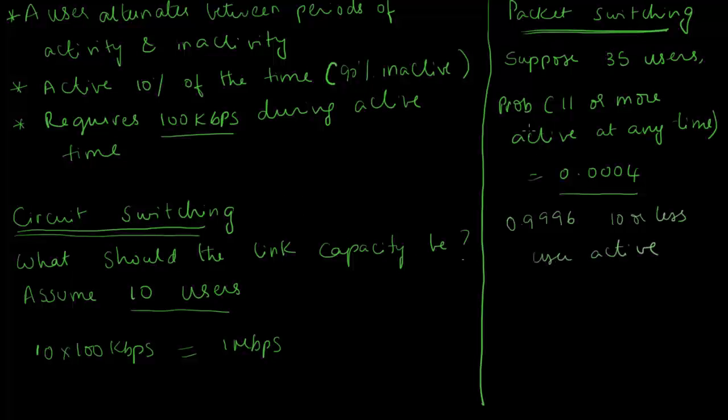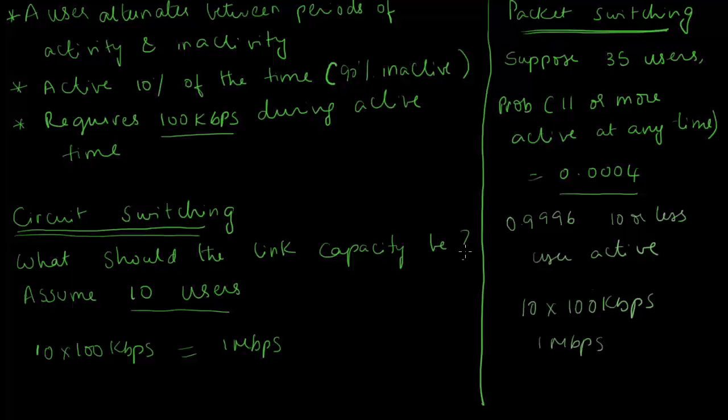So if I ignore the case of 11 or more active users at any given time, since this happens with such low probability, and I assume that only 10 or fewer are active at any given time, then to accommodate these 10 or fewer active users, if I were to provide 10 times 100 kbps, that is 1 Mbps link capacity, I am done.